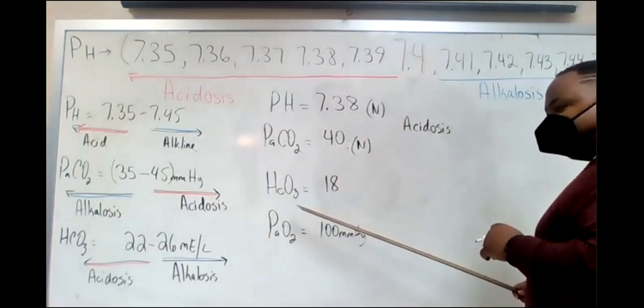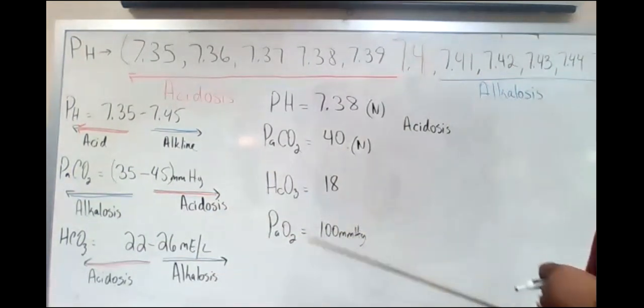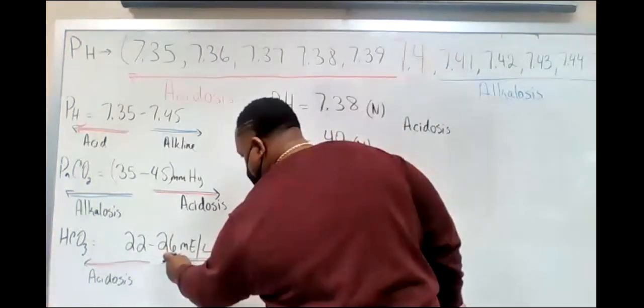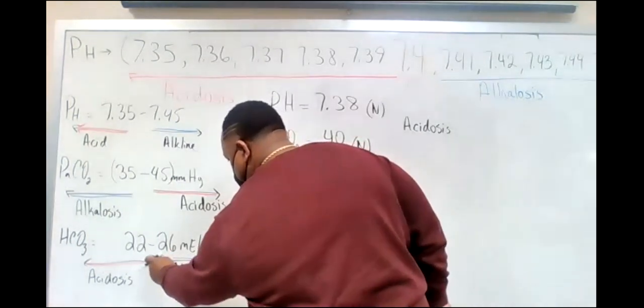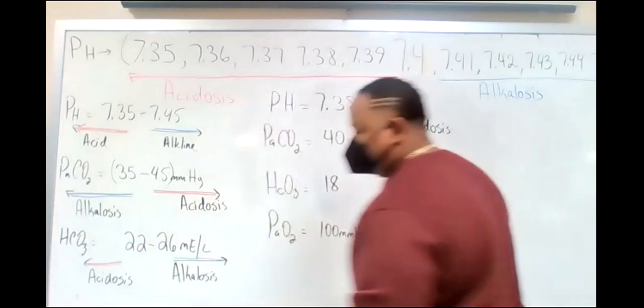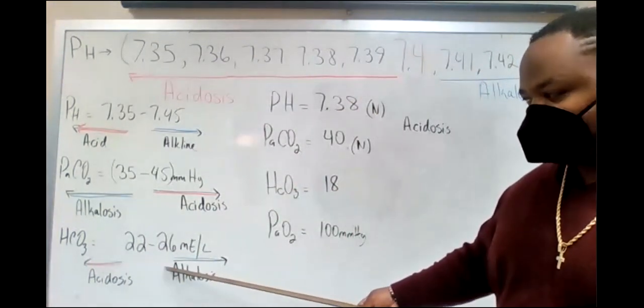All right, now, Yasmin, look at the bicarb. What is the bicarb doing? These are the numbers for bicarb right here: 22 to 26.